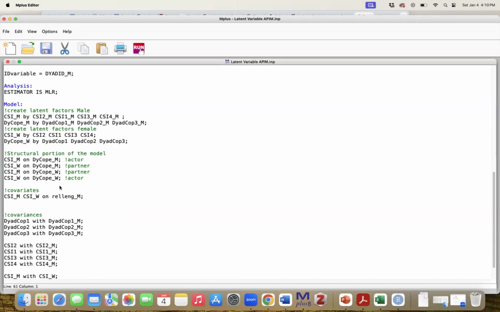Technically, you do not need to enter a with statement because Mplus by default will covary all of your exogenous variables. So technically, we don't need to do this. But I always do this just so I know what specifically is going on in the model, because sometimes I might forget that those variables are correlated with one another.